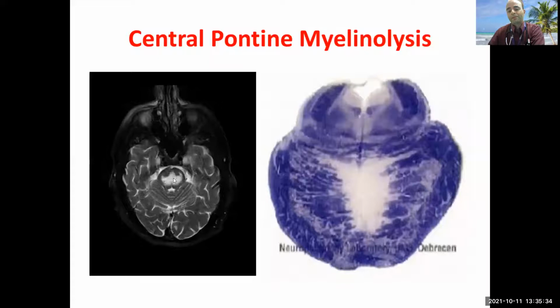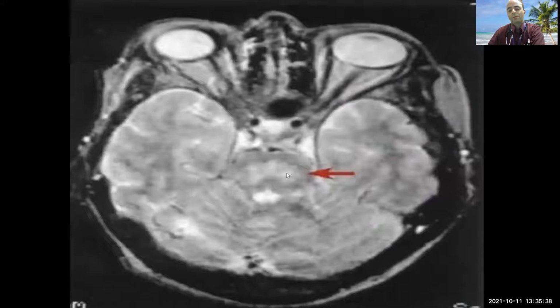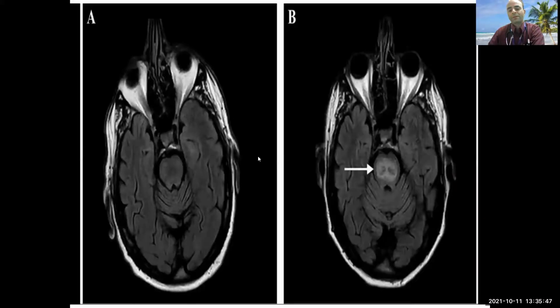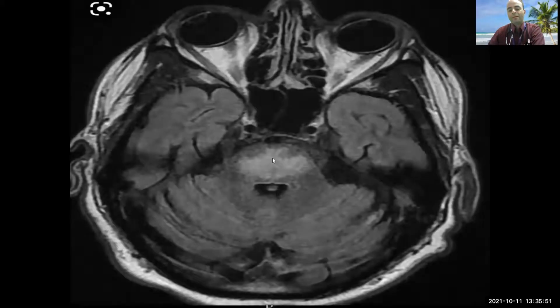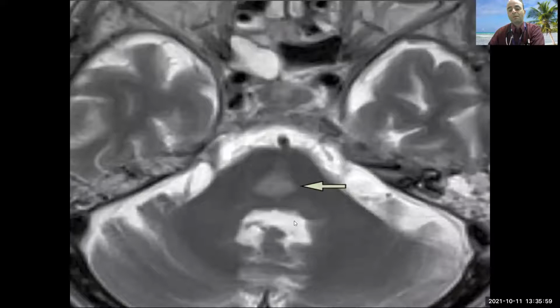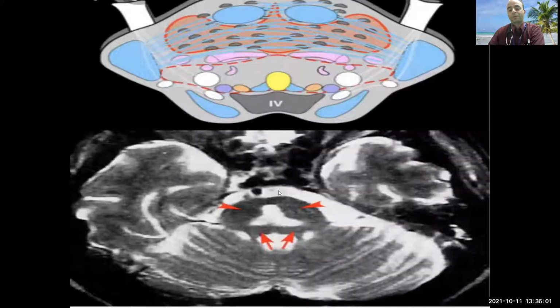You will also see the same here, and central pontine myelinosis clear on MRI, and multiple dots of pontine myelinosis, and the same here compared with the normal one, this abnormal, and this here central pontine myelinosis, with also a white shadow. This is central pontine myelinosis, and this also, clear here.